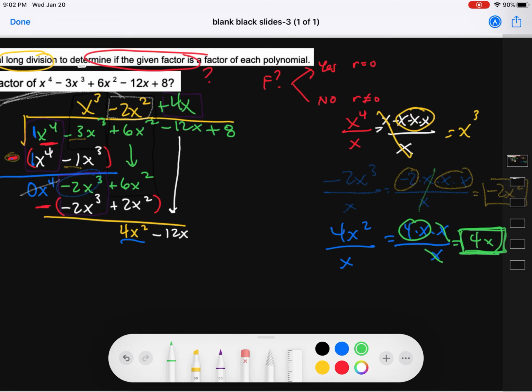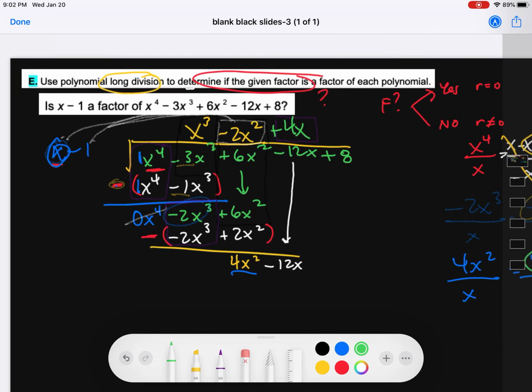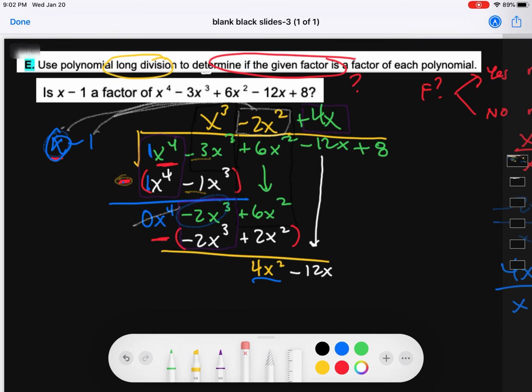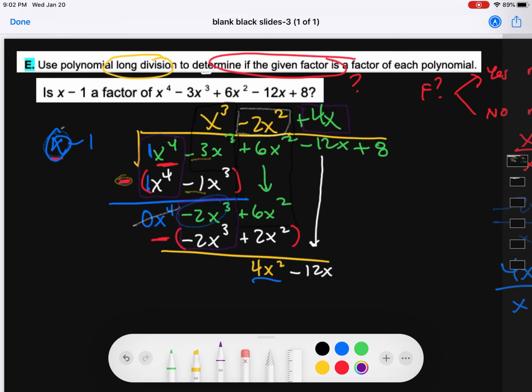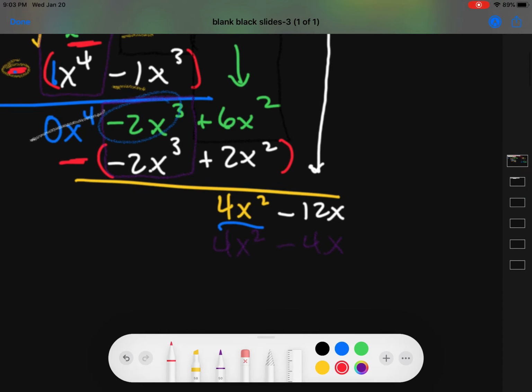You just did this small division problem over here on the side. All right, let me erase these. Now we're going to do 4x times x, which would give me 4x squared, and 4x times a negative 1 is a negative 4x. We're going to do that in subtraction, so put that in parentheses, and now we're going to subtract.